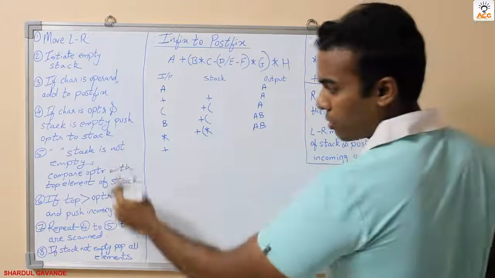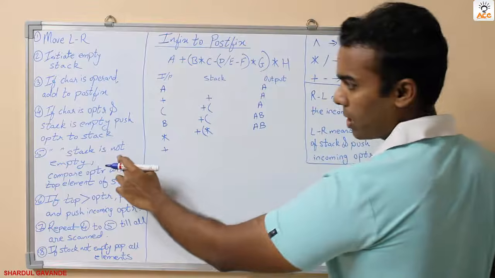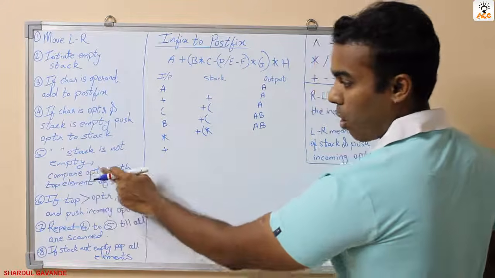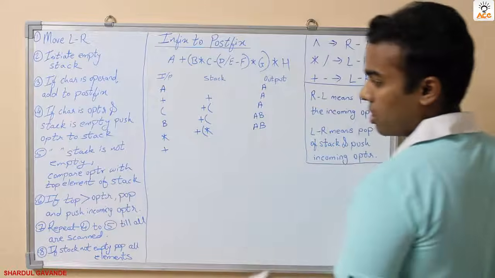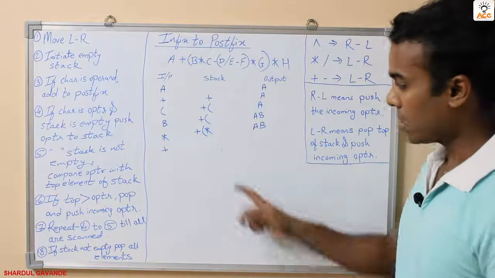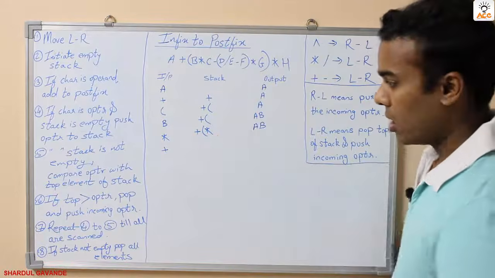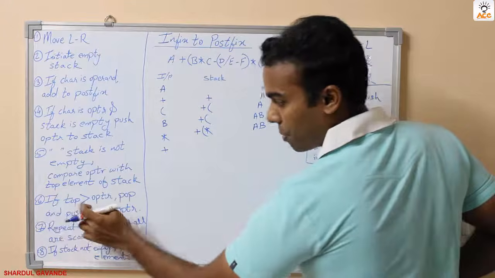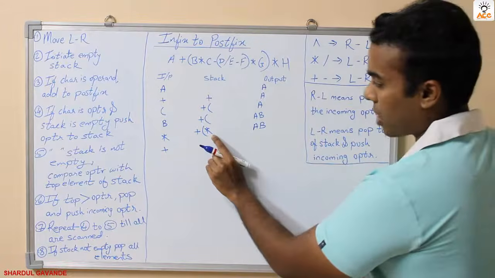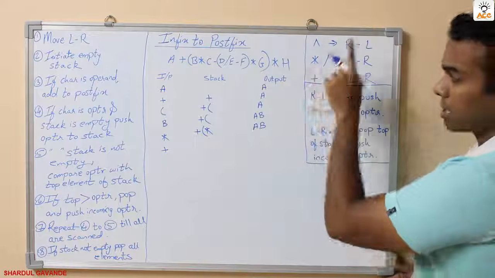Then according to the fifth point, the stack is not empty and the character is operator, so we have to compare the operator with the top element. The top element of my stack is this star. So compare, and what if top is greater than operator? If I make a comparison, star I have here, let's check in the precedence.